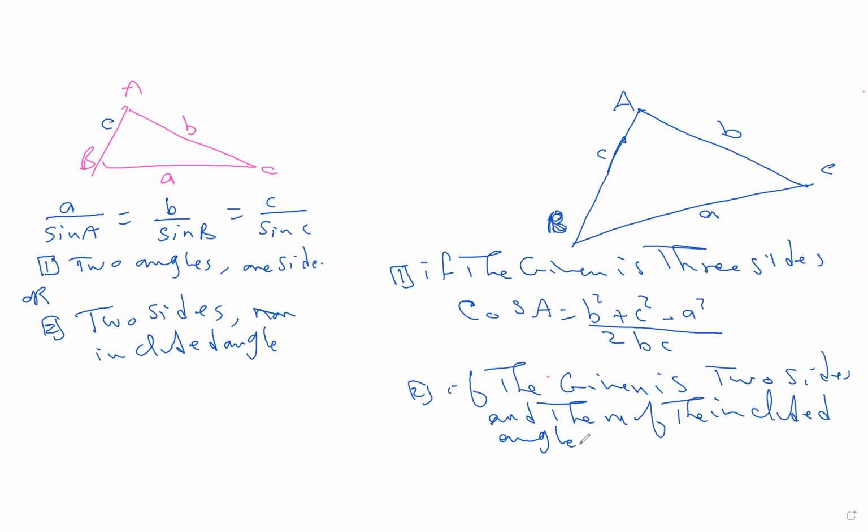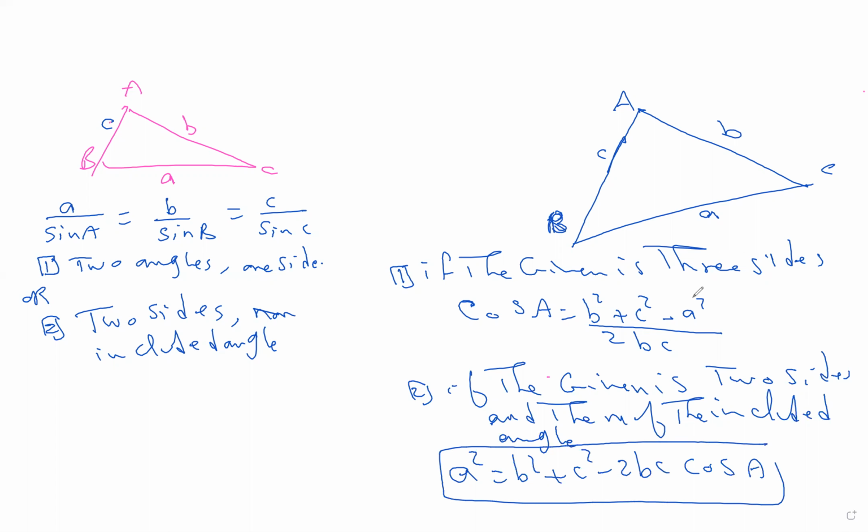It is a squared equals b squared plus c squared minus 2bc cosine A. So it is better to use the cosine rule if the given is three sides, and the sine rule if the given is two angles and one side. But if you swap between them, there is no problem.